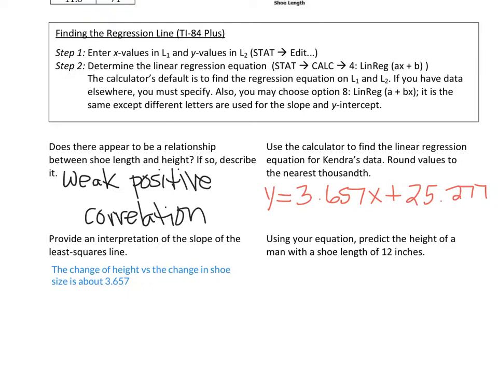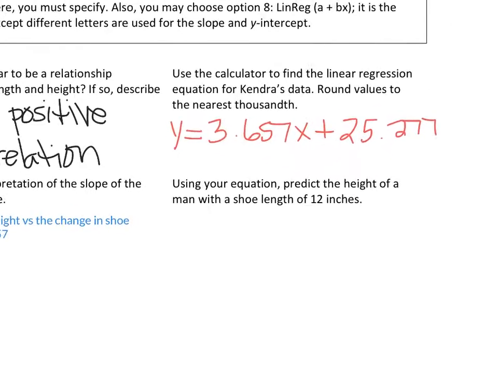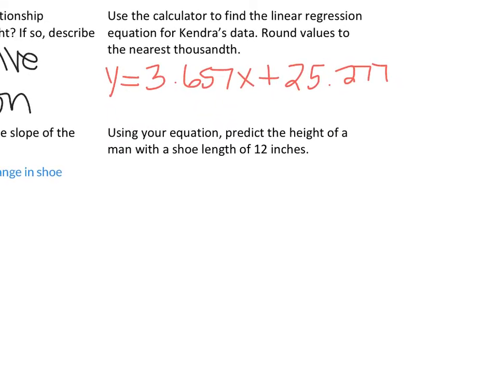Using your equation, predict the height of a man with a shoe length of 12 inches. Remember, our shoe length is our x-axis. You could look right up at your scatter plot or at your chart. It tells you that x equals shoe length. So all we're going to do here is plug in 12 for our shoe length. Using the equation above, I always like to rewrite it down: 3.657x plus 25.277.